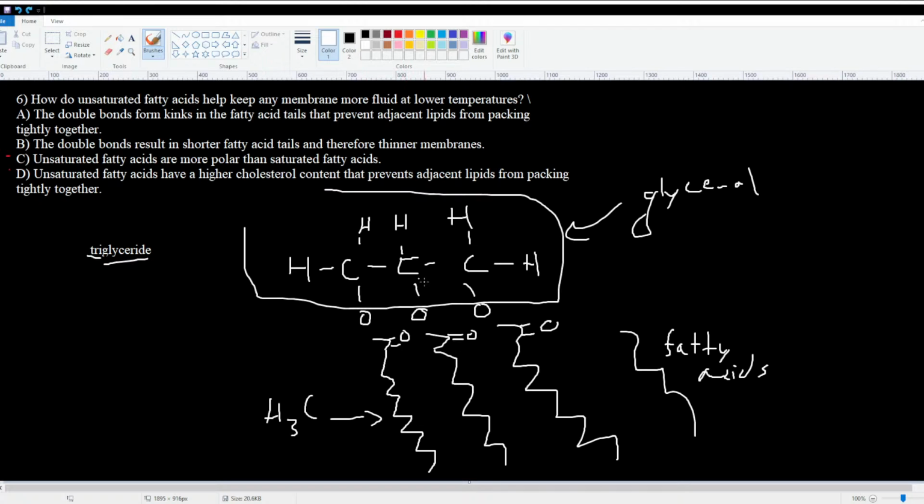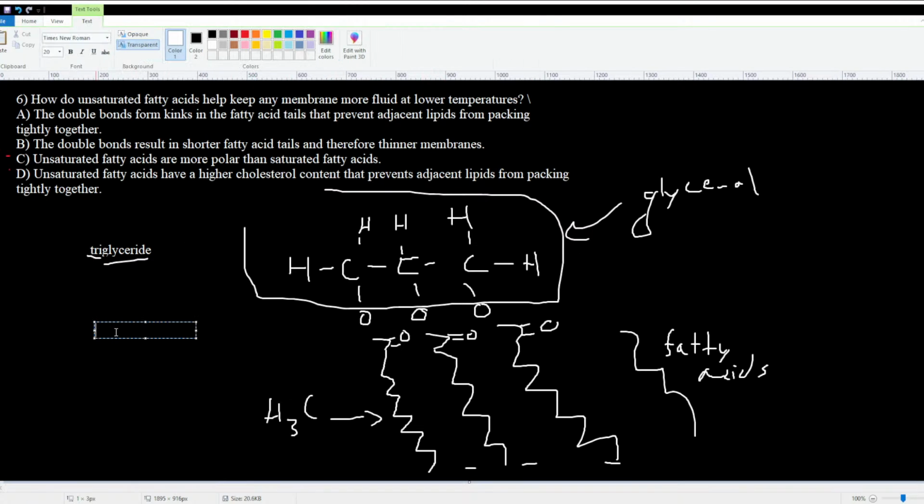Anyway, what I've drawn here is that these three fatty acids are saturated. So what does saturated mean? Saturated equals no double bonds, and unsaturated equals double bonds.